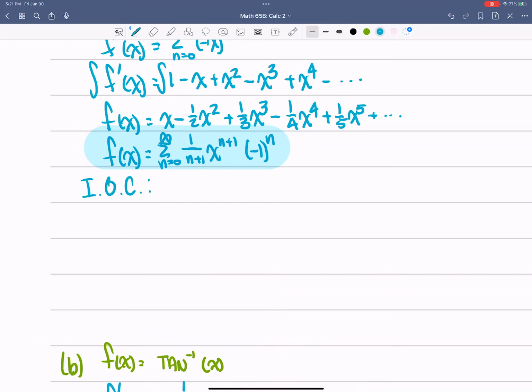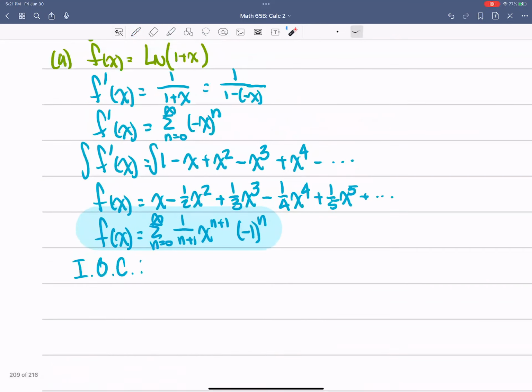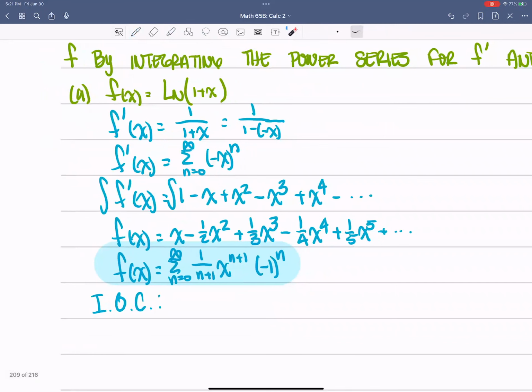So interval of convergence is going to come from, let me see. Instead of just doing this, we do one more.